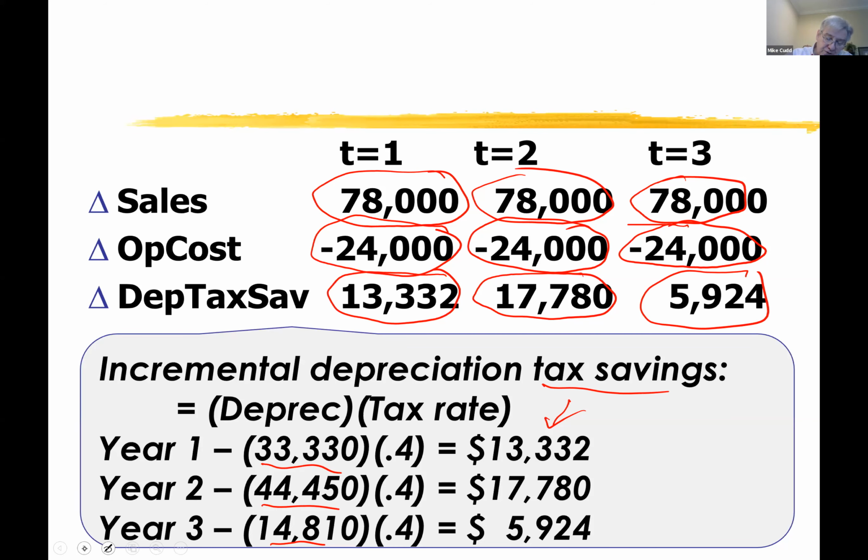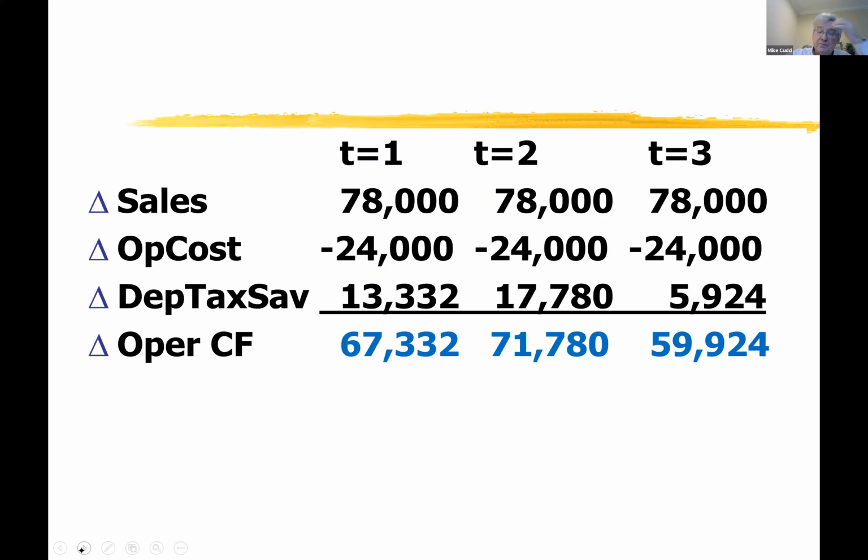If we net all this out, those are our operating cash flows for each year. So we're 2/3 done.